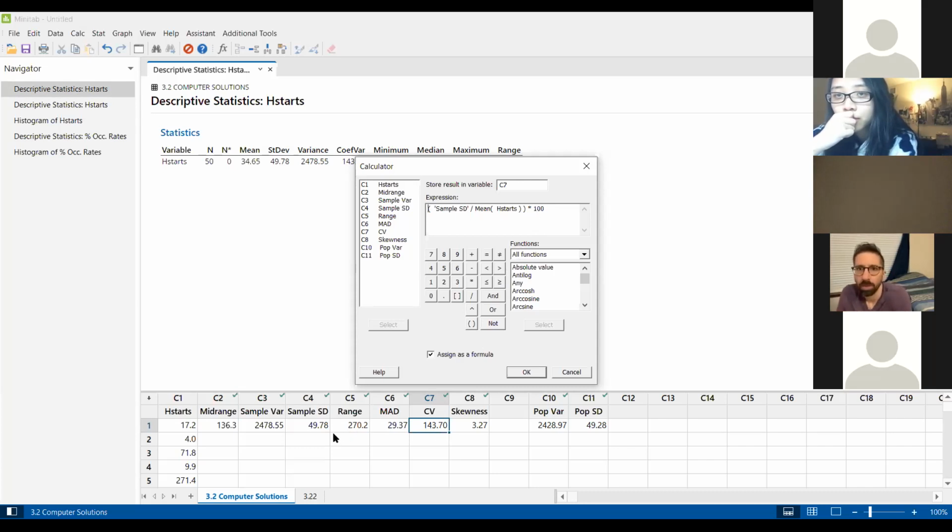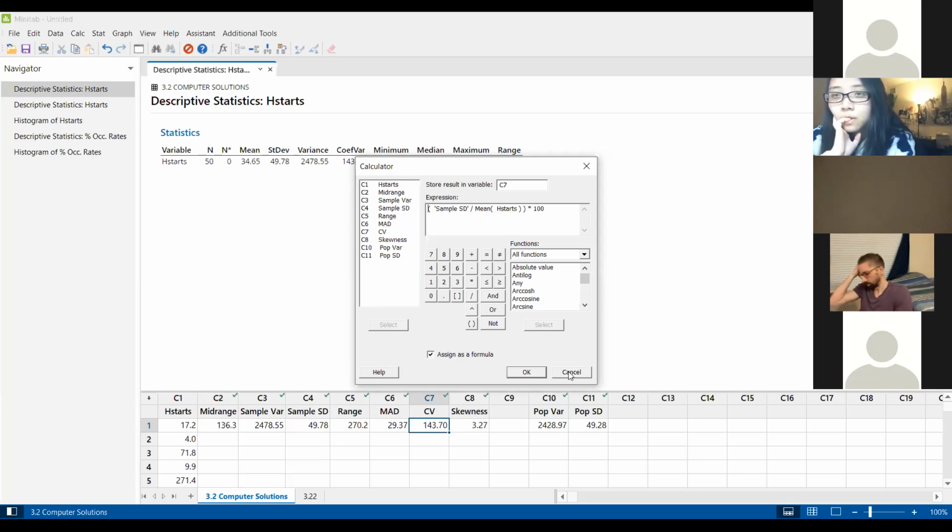It's saying that 49.78 is 143.7% of the amount of the mean. Okay, that's what it means. Almost 1.5 times as big. All right, any questions about that?